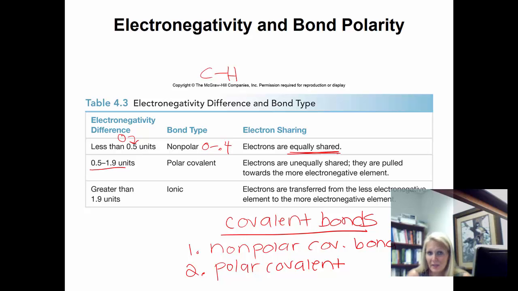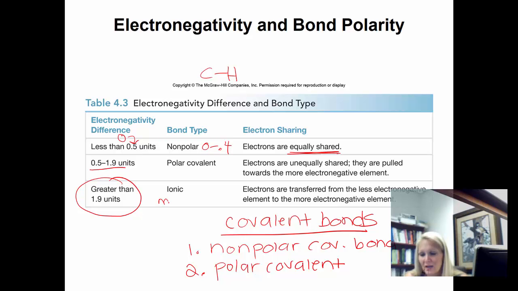Ionic compounds actually have the largest electronegativity difference. As you move further and further away, the electronegativity differences get larger and larger. Ionic compounds have an electronegativity difference of greater than 1.9.